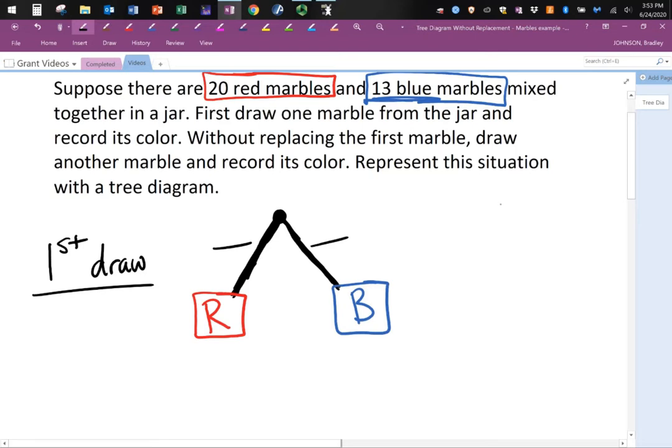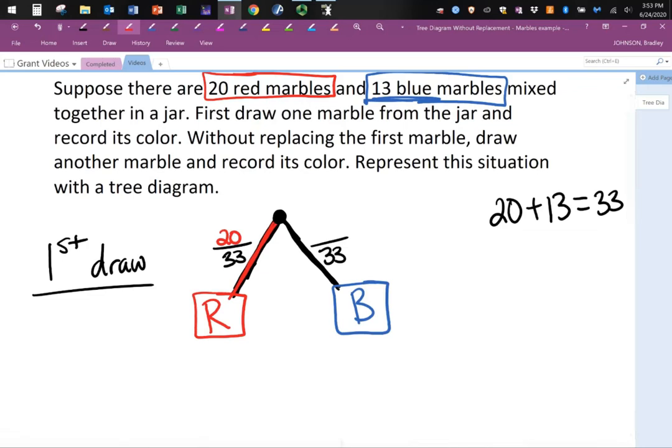Now what we need to know is how many total are there? To get the total, you add 20 and 13, because there's 20 red and 13 blue. So there's 33 marbles total, and our probability would be something out of 33 for each of these. If you consider this red path, there's 20 red marbles out of 33 total.